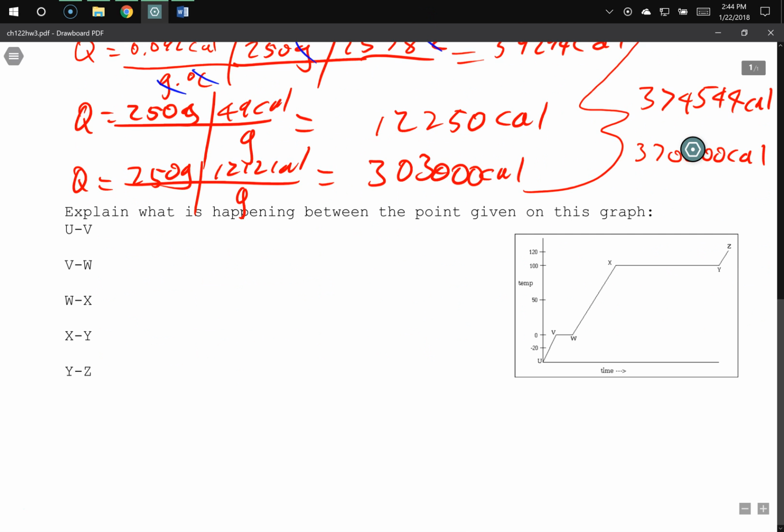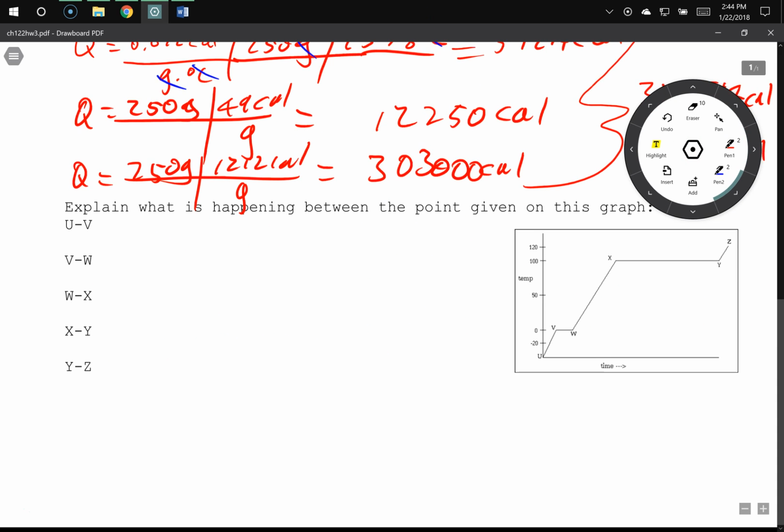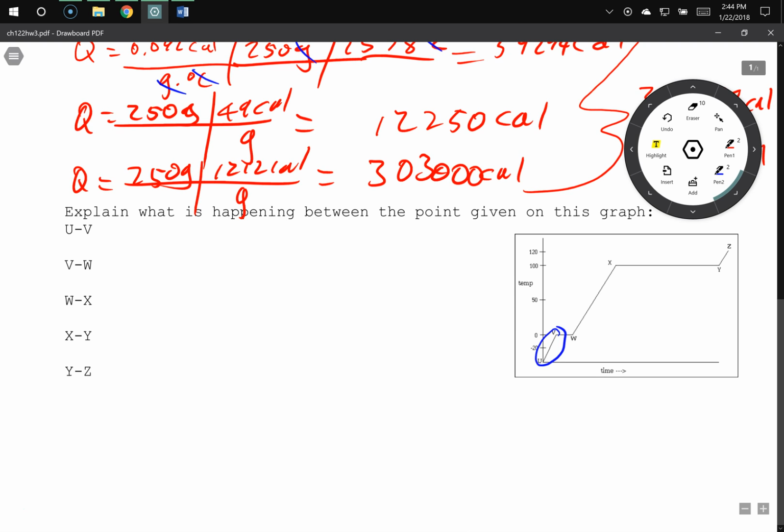Okay. Tell me what is happening here. I wouldn't use the word ice, but I would use the word solid. Well, what do you want to say besides that?